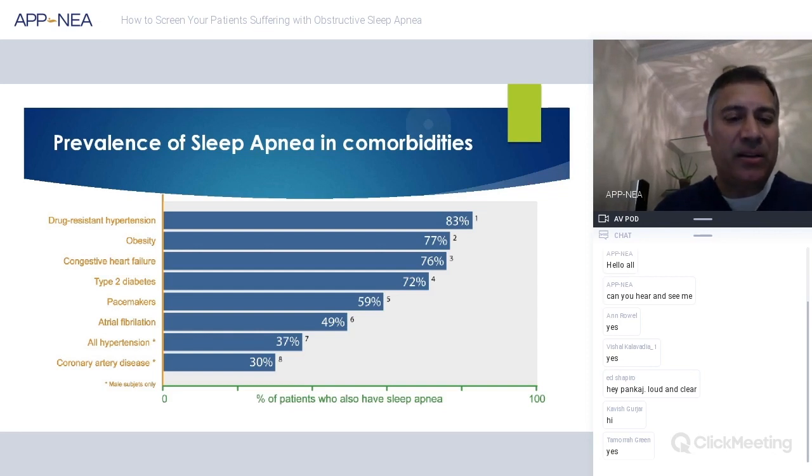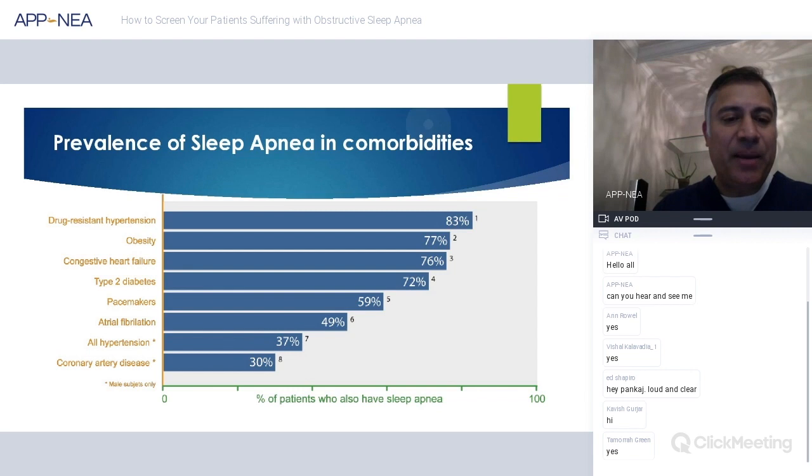When you review the medical histories: congestive heart failure, 76% of people have sleep apnea. Type 2 diabetes, 72%. Pacemakers, 59%. Atrial fibrillation, 49%. That's one of the leading causes of stroke, and that's why people with atrial fibrillation have been prescribed blood thinners.